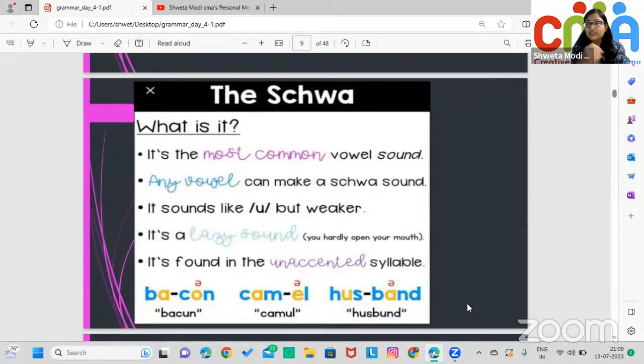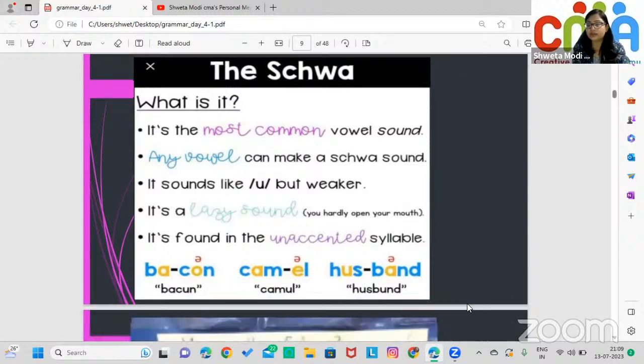It's not corn, but it's beckon. It's not camel, but it's camel. It's not husband, but it's husband. The inverted E is the symbol of schwa.